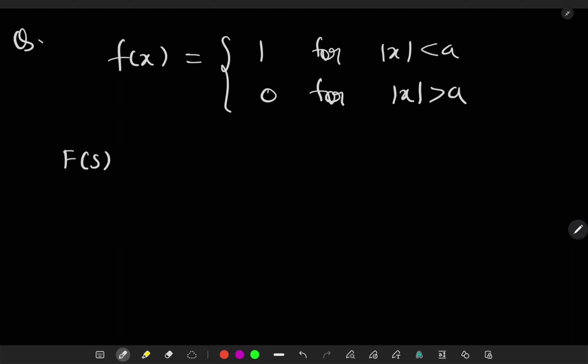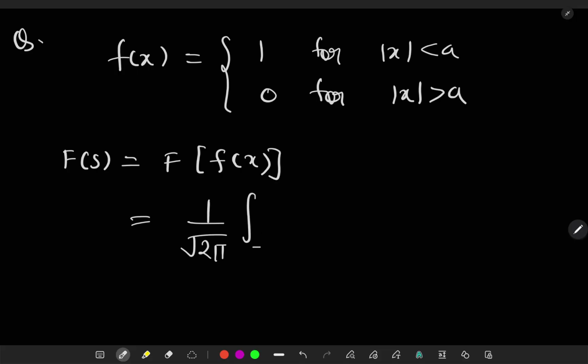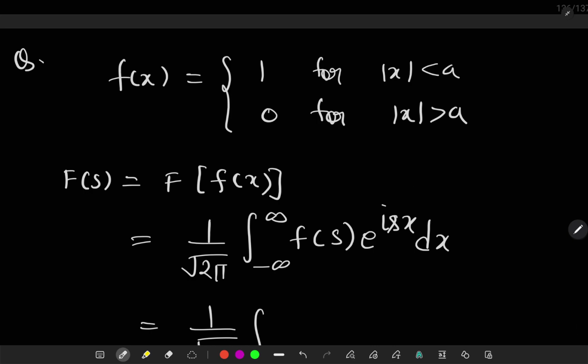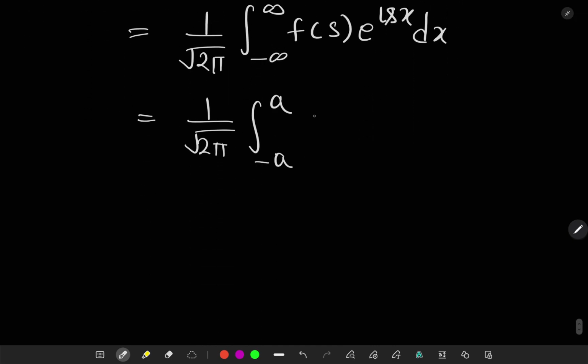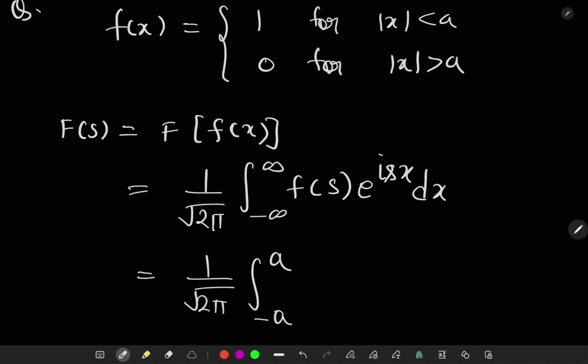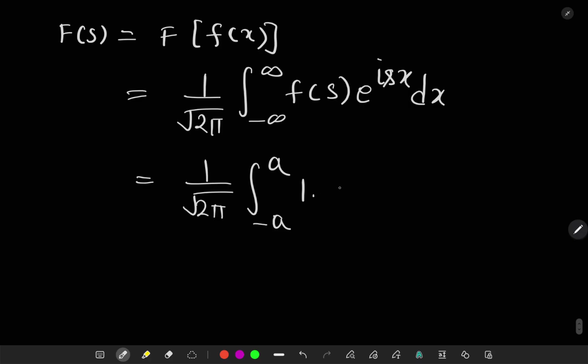So the Fourier transform of f of x equals 1 by root 2 pi integral minus infinity to plus infinity f of x e raised to power iota s x dx, which equals 1 by root 2 pi integral, here you can see the limits are from minus a to plus a, and f of x is given as 1 when mod of x is less than a, so we can write 1 times e raised to power iota s x dx.